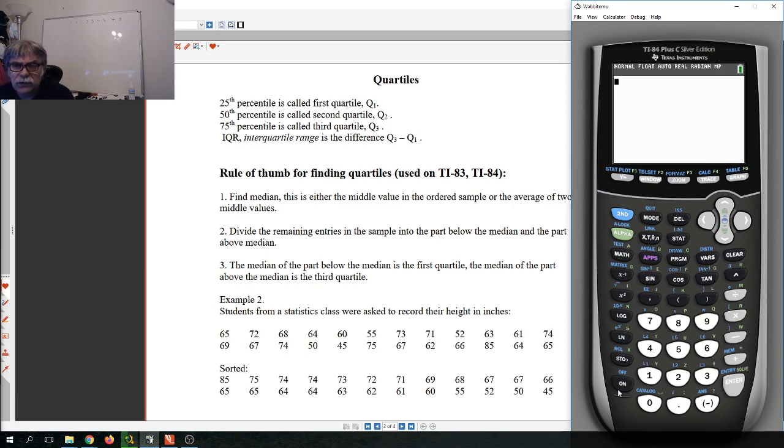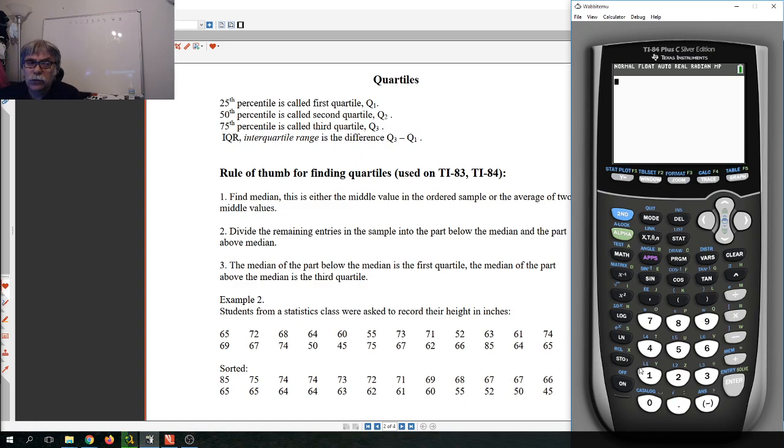Once the data is sorted, so the data has to be sorted, you will first determine the minimum and maximum, which is going to be easy. After that, you're going to find out the median, which is also quartile 2, and then you're going to find out quartile 1 and quartile 3, so in that order.